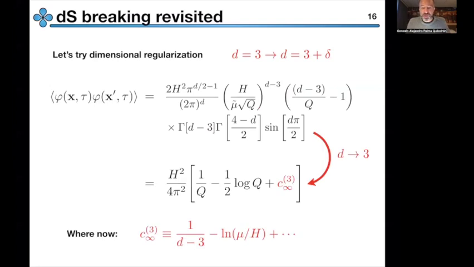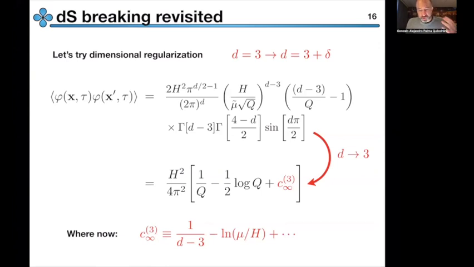And by doing so, you find this result, which coincides with the previous result, which happens as a result of the change of variables. In this case, the divergent constant is just proportional to 1 over d minus 3, as is normally the case in dimensional regularization, plus finite terms, which appear due to the method.